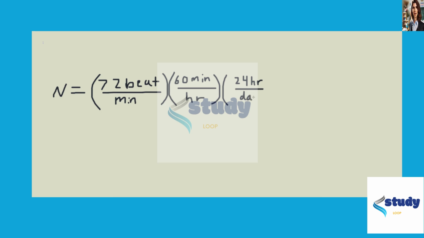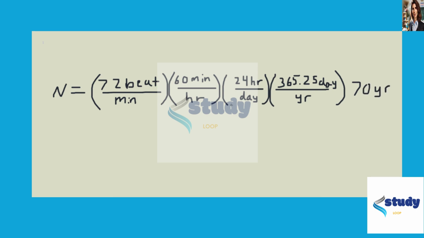And then 365.25 days per year. That's days per year. So now we're in beats per year, and we just have to multiply it by the average human lifetime, which is about 70 years or so.